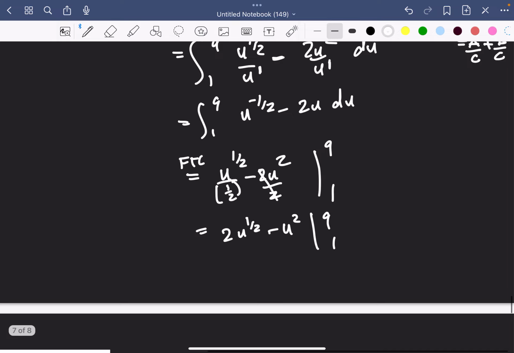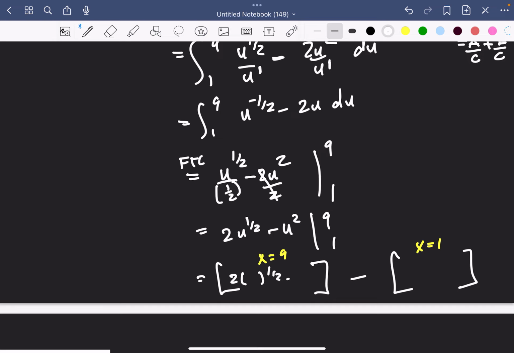So what that's going to give you is a big chunk of stuff minus a big chunk of stuff, where first you plug in u is equal to 9 and then you plug in u is equal to 1. So we're going to have 2 stuff to the 1/2 minus stuff squared, 2 stuff to the 1/2 minus stuff squared. First you plug in 9, and then you plug in 1.